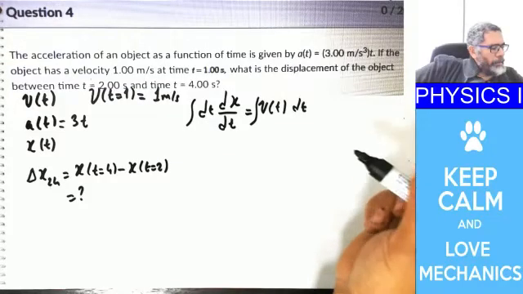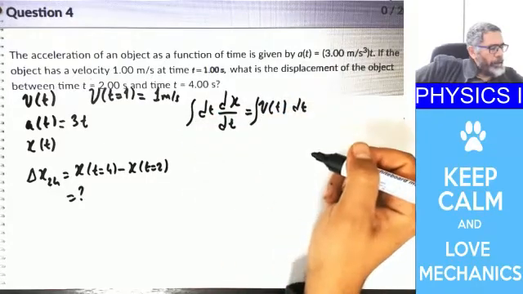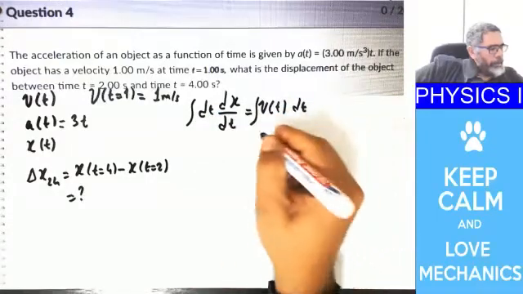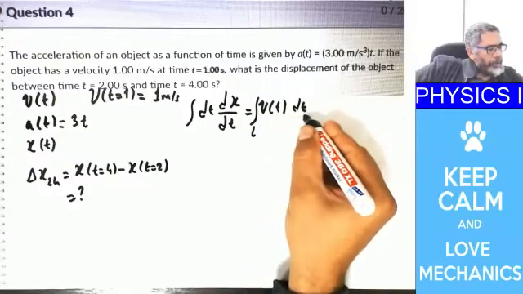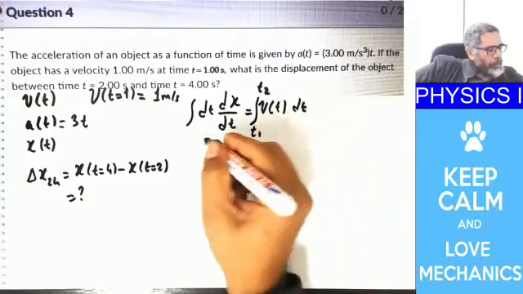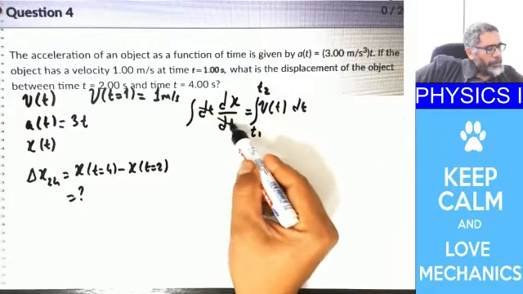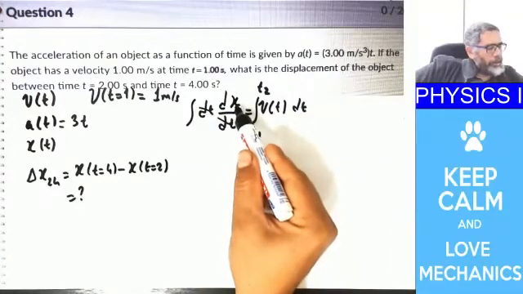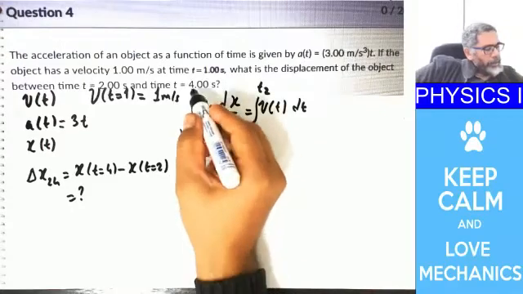And let's put these initial values, since the integration variable is t, from t1 to t2, and over here the integration variable is going to be dx, so the limits are x1 to x2.